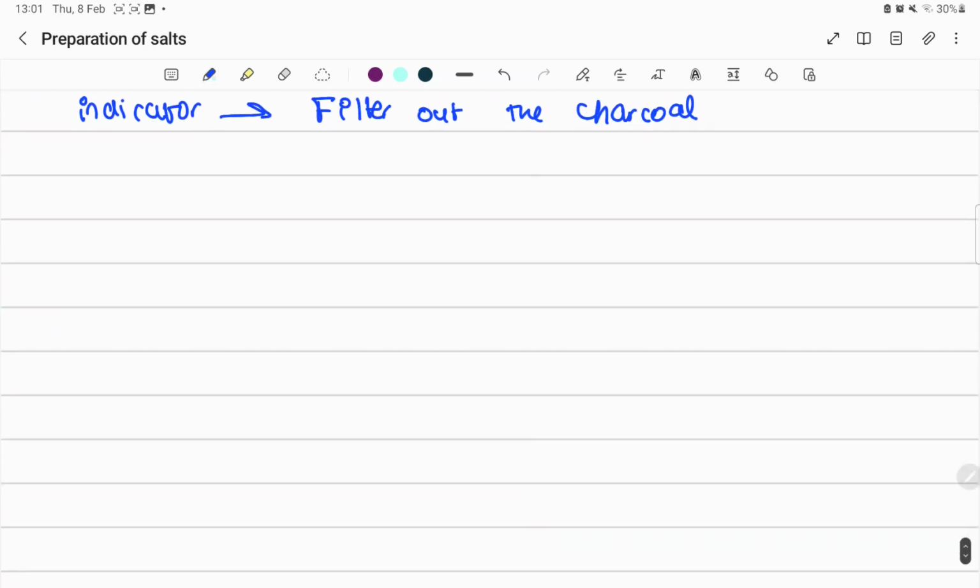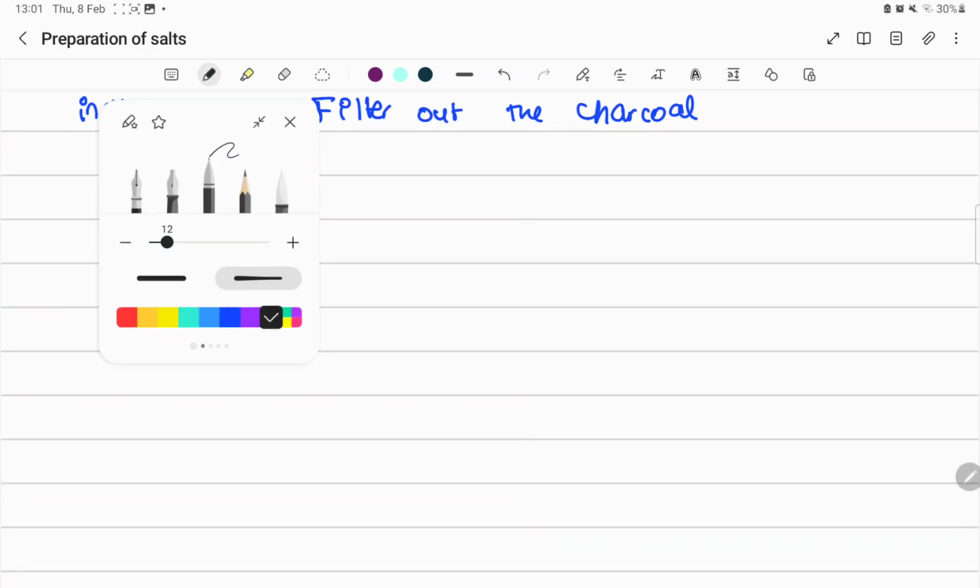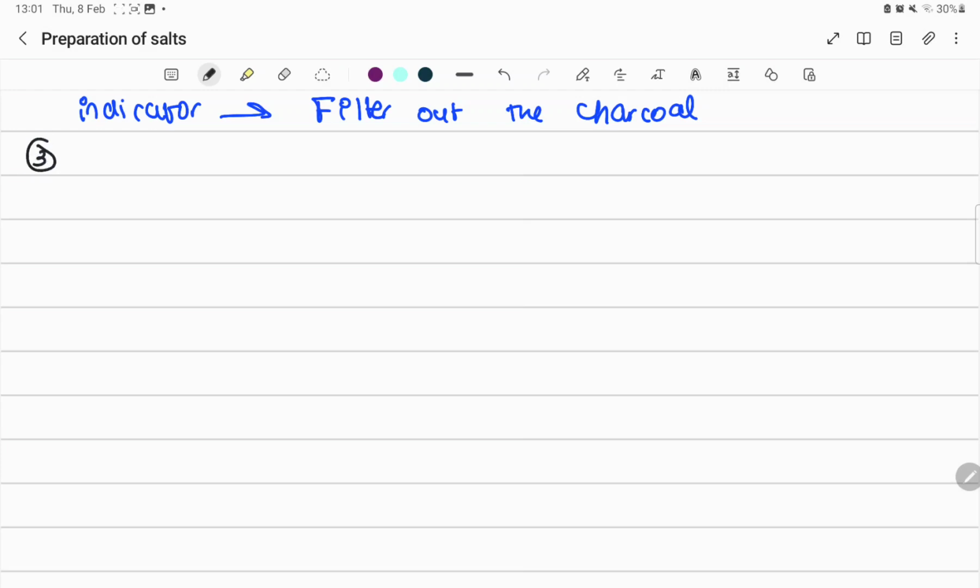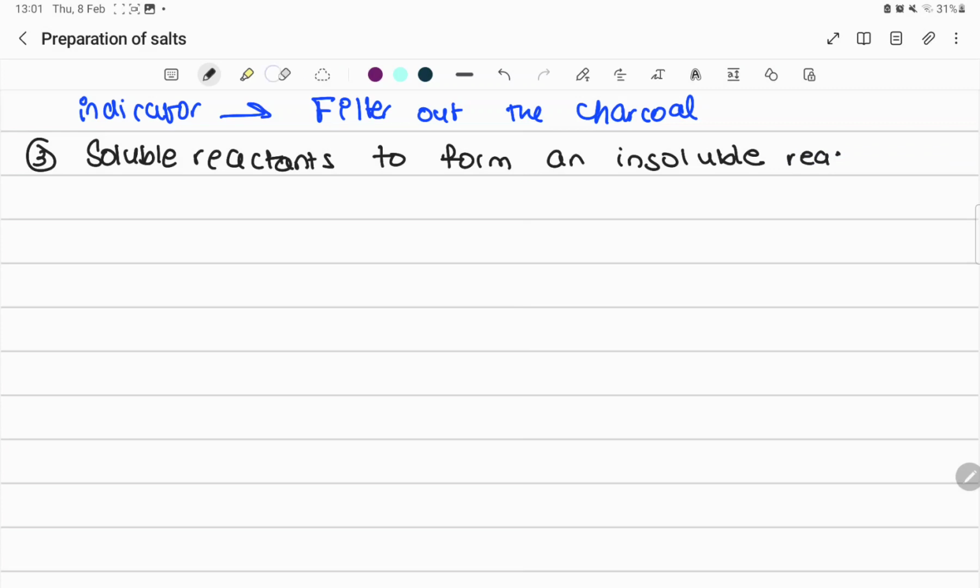Let's move on to precipitation. And what precipitation does is it uses two soluble reactants to form an insoluble salt. And this is by far the most simple method out of all of them. You just add two things together and you wait for it to do its job, to form an insoluble salt.